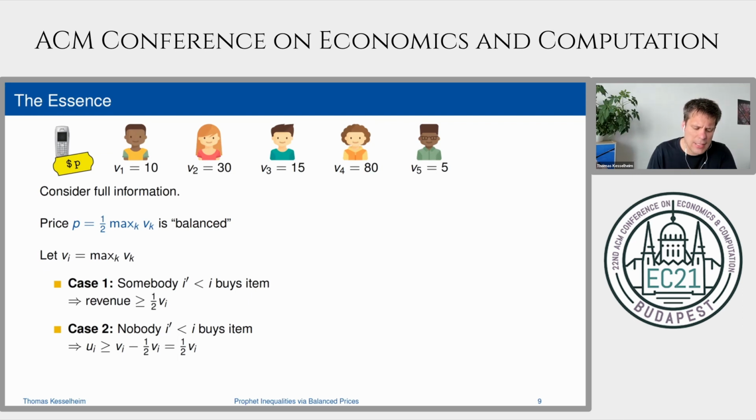And this is exactly the idea of balanced prices, that you're able to do such a full information argument, which is robust enough so that you can actually write expectations around everything, and this way get an argument also for this incomplete information setting where you only know the probability distributions. So in either case, I forgot to mention here the welfare, which is the revenue plus the sum of the utilities, is at least half of the optimum value.